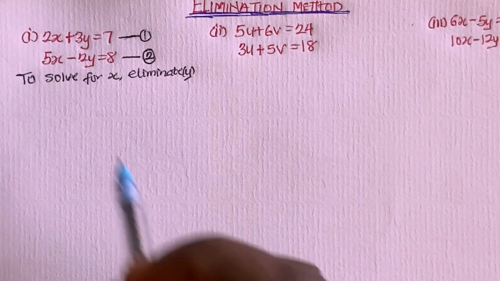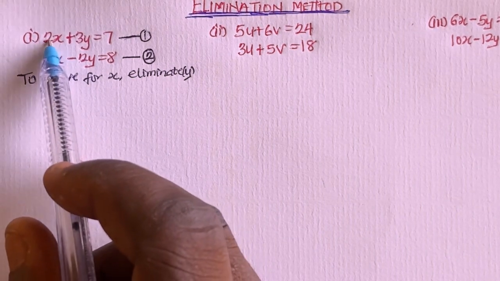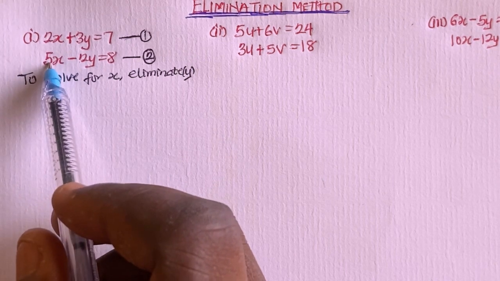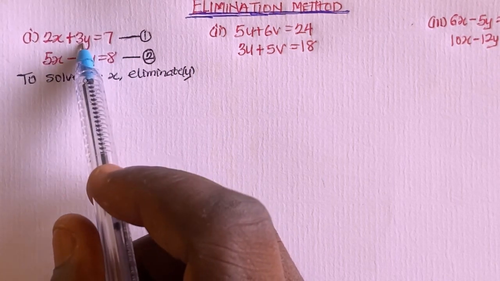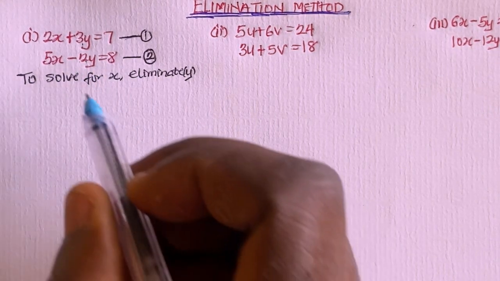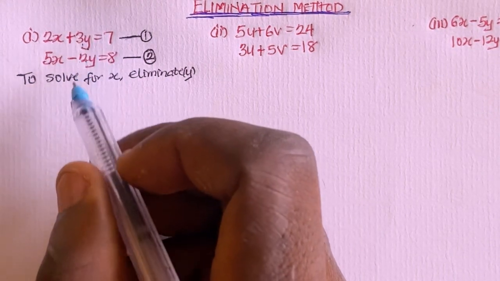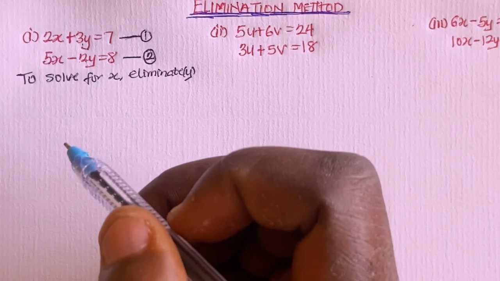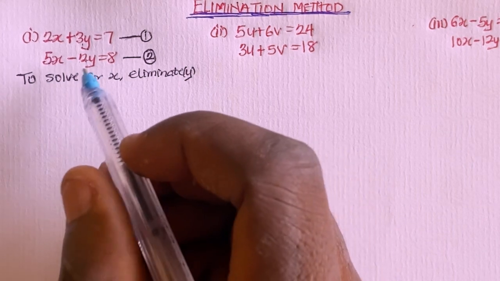The coefficient of x here is 2 and that of x here is 5. The coefficient of y here is 3 and that of y here is 2. Since I'm going to eliminate y, I must balance the coefficient of y.